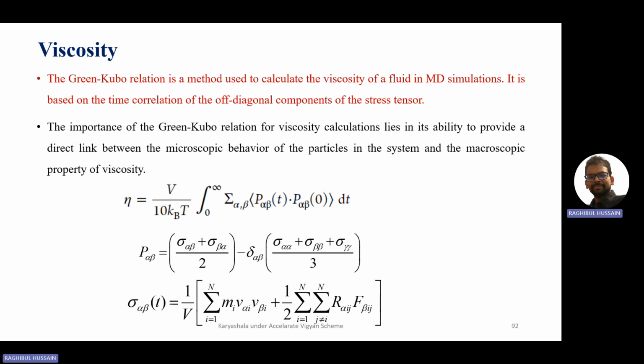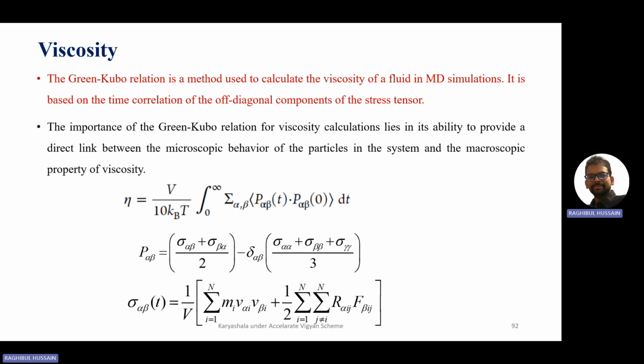Otherwise, in some articles you can see that some researchers have used a different formulation, because the stress tensor calculation is different. Some have used a different denominator or scale factor just to minimize error. So this has only come to balance the unit of the viscosity from the stress tensor, right?